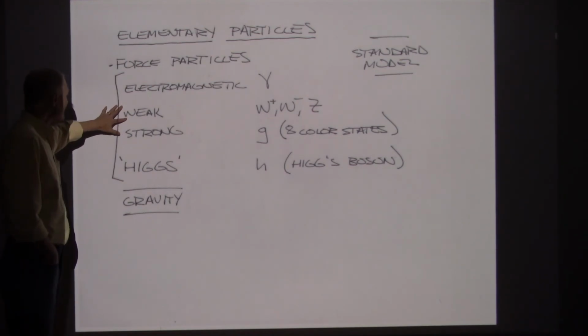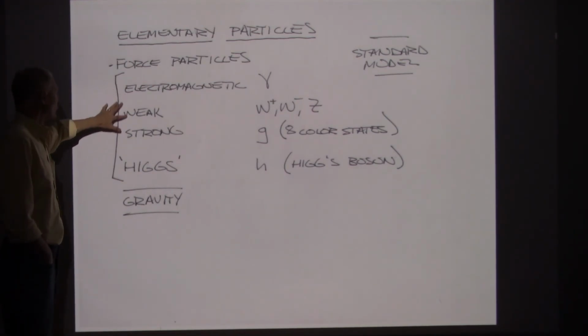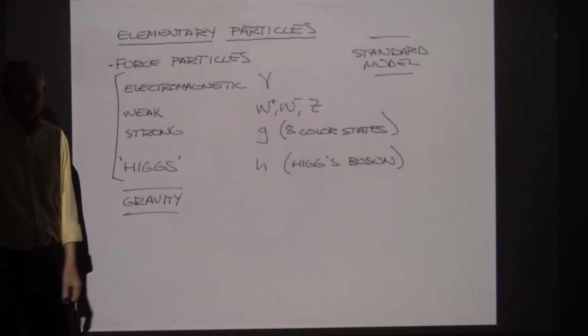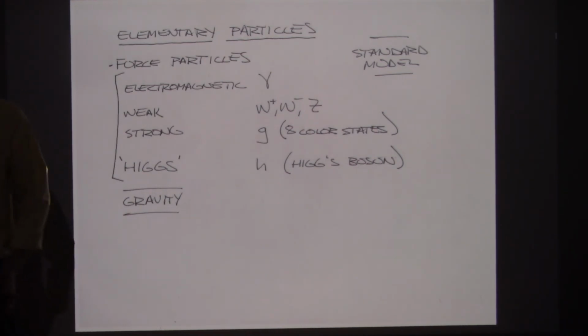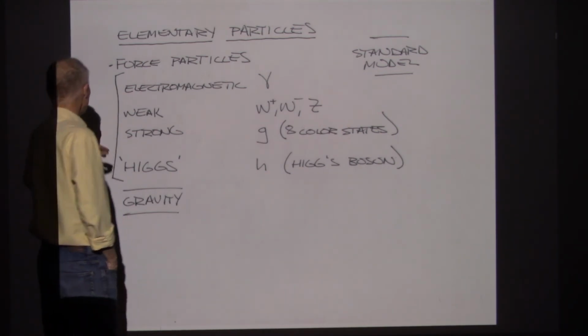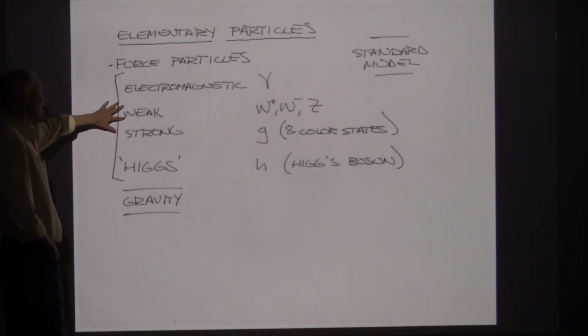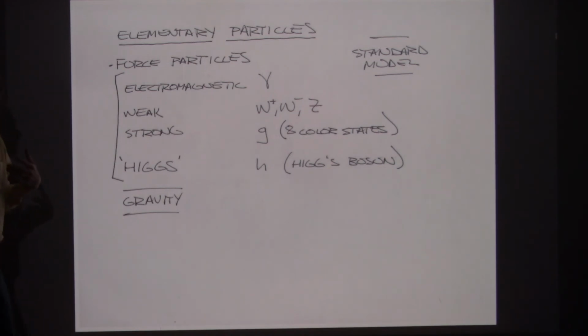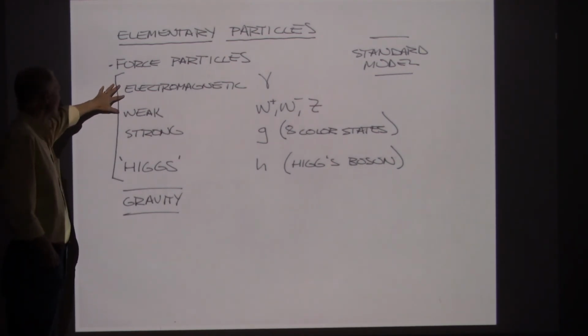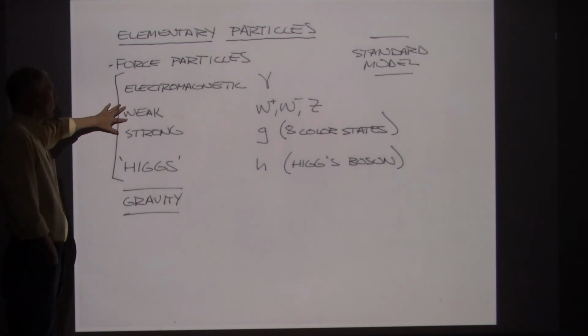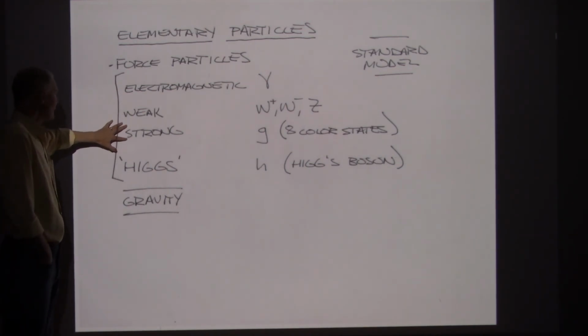And maybe not unification, but the completion of these mathematical descriptions occurred back in the 70s. So we now have what we think of as a mathematically consistent description of the electric and magnetic forces, of the weak force, and of the strong force.